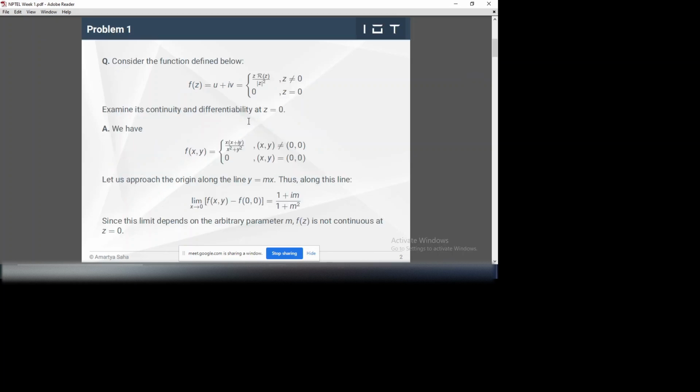So the limit doesn't exist, and this f(z) is not differentiable at z equals 0 for this reason. Since u_x doesn't exist, there is no point to talk about the Cauchy-Riemann conditions. So in conclusion, f(z) is not continuous and not differentiable at z equals 0. So this concludes our first problem.